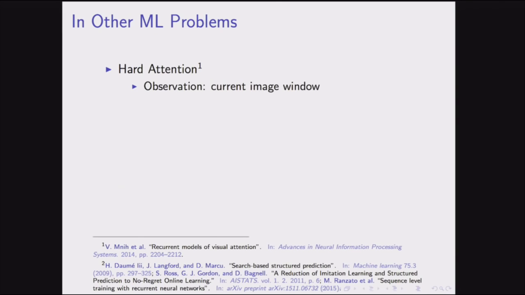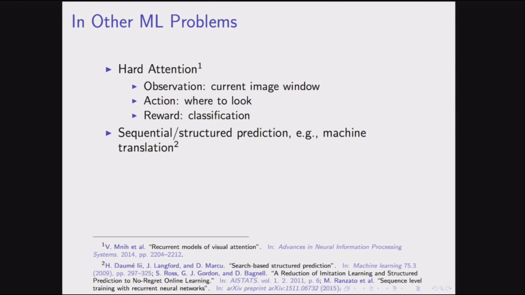Here your observation would be your current image window. Action is where to look or where to crop your image. And reward is whether you make a classification error or not. So here you have to try to choose the right area of the image to look at so you'll do the correct classification.